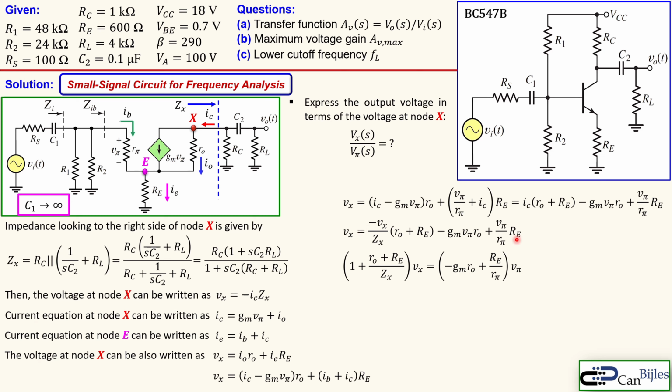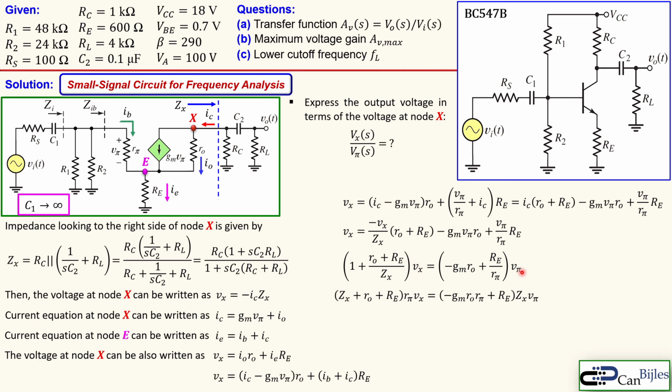And we have here the only part where you see the V pi's. That's actually shown here. Now, multiplying the left and the right side by the Zx and also by R pi. Now, we do that. Then we have here a Zx plus RO plus RE times the R pi outside. That's the right side, left side.